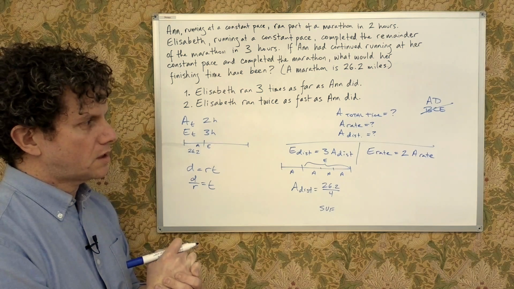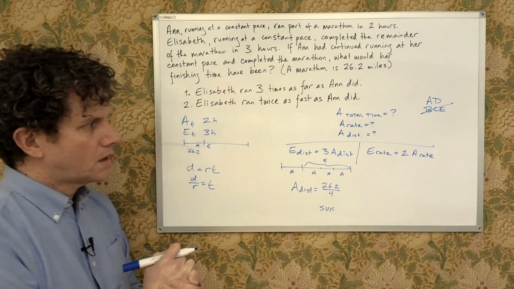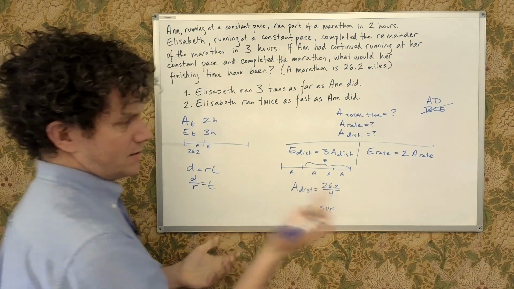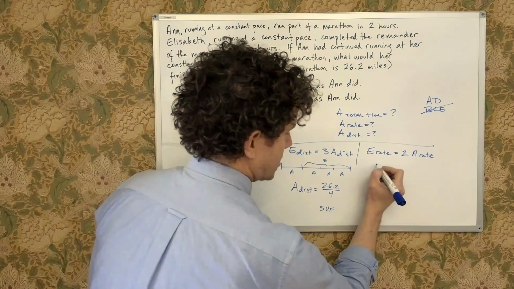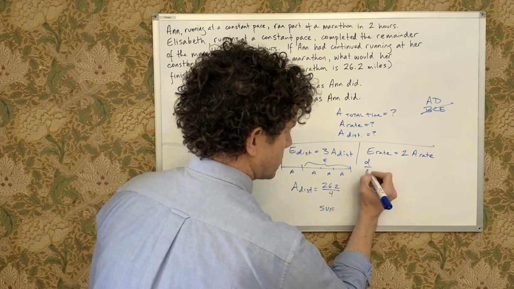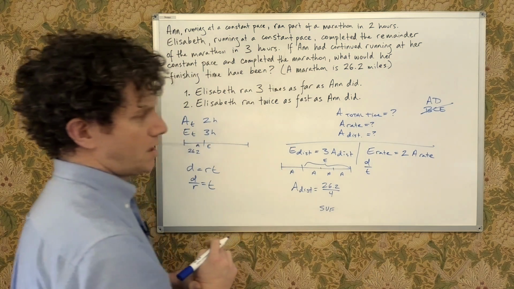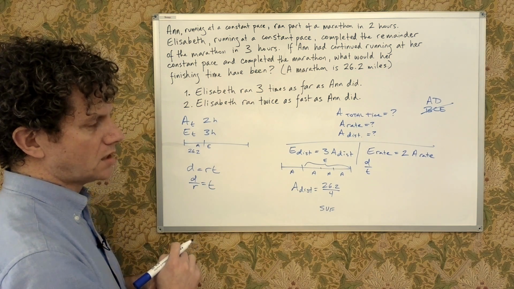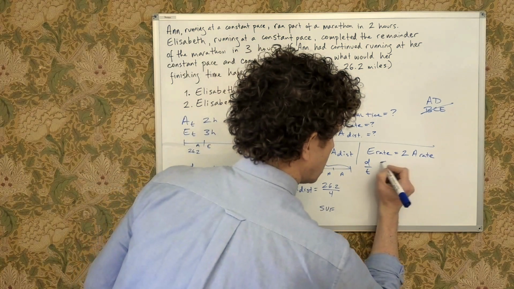Let's push on it a little bit harder. We know that if we want to talk about rates, we're talking about distance with respect to time. And what we do know, they're times, so that gets us a little bit closer.